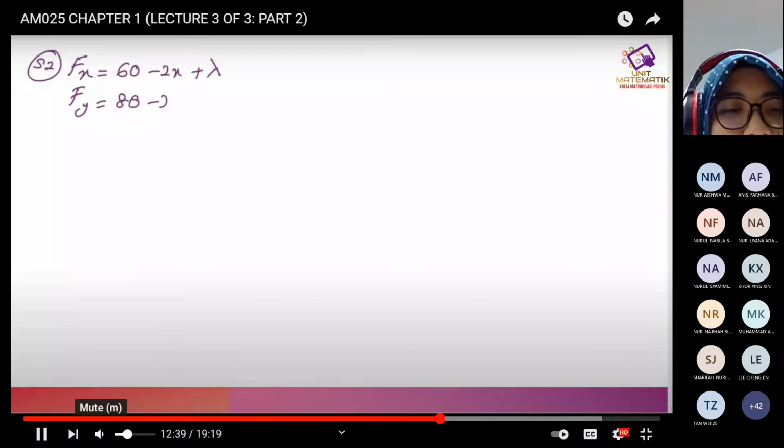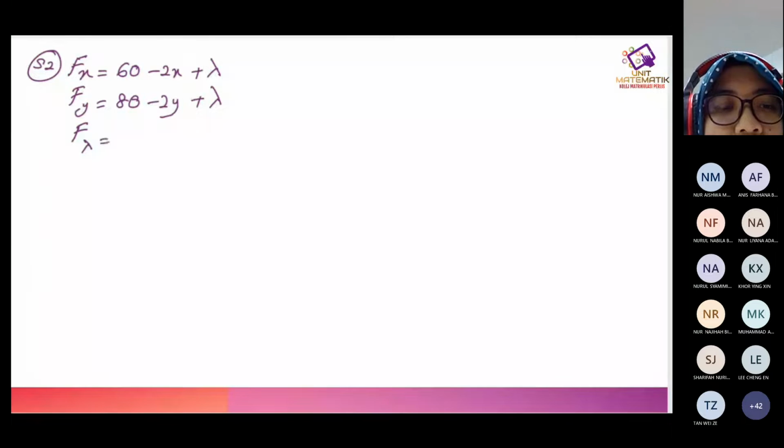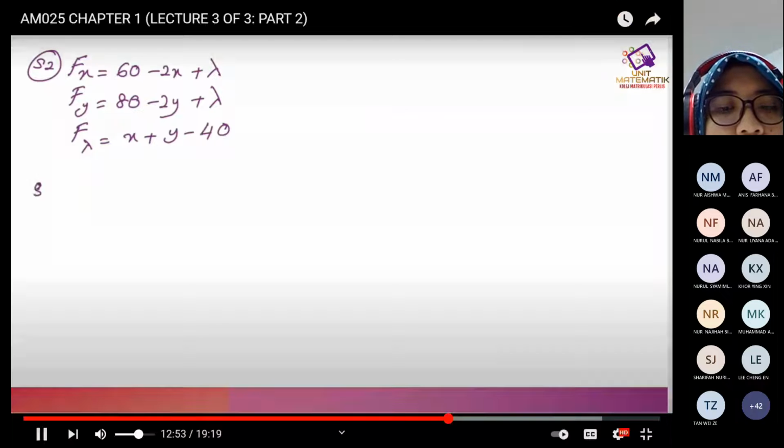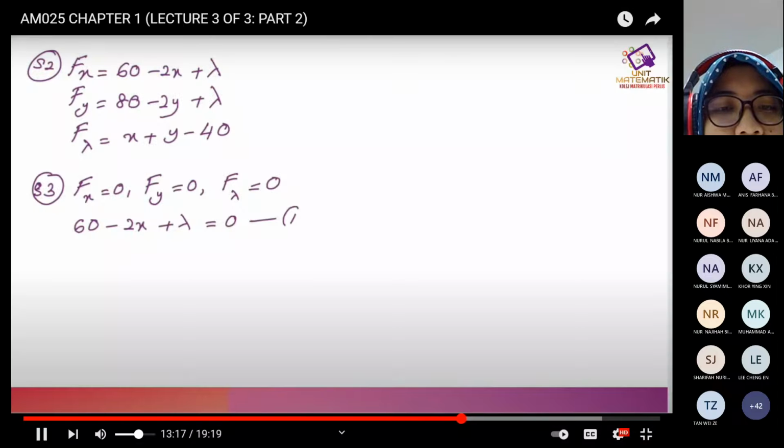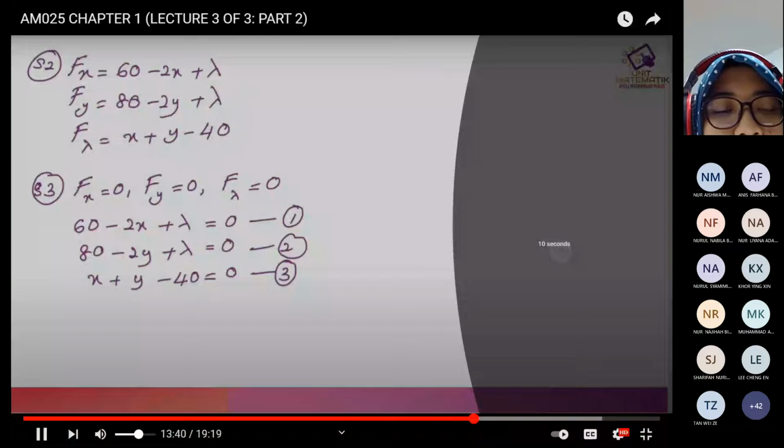Minus y plus lambda. And differentiate with respect to lambda is x plus y minus 40. Next, step 3. And f sub x, we write equation 1 plus equation 2.